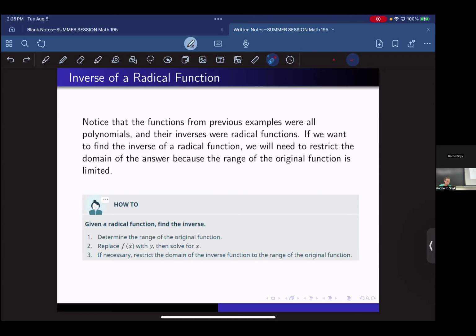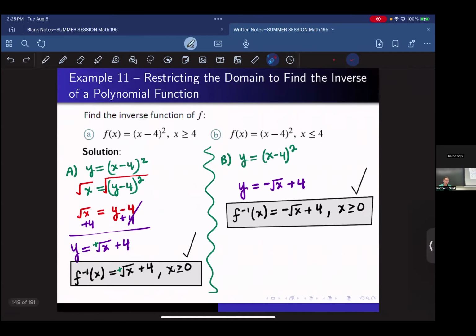And that's also the reason why we broke up this same function into two separate ones. If we look at it from this standpoint, we get a function, versus when we look at it from this standpoint where x is less than or equal to 4, then we get this one.